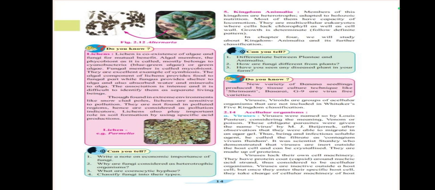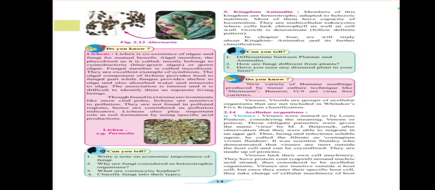These are obligate parasites, given the name virus by M.W. Beijerinck after agar gel filtration, thus being an infectious soluble agent. He called the filtrate a contagium vivum fluidum. It was the scientist Stanley who demonstrated that viruses are inert outside the host cell and can be crystallized.